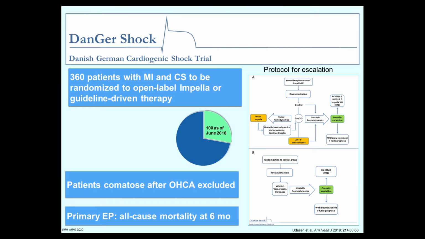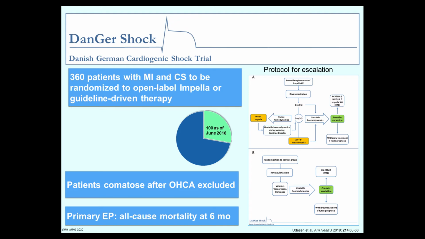And there is the trial, the DANGER trial. You've heard a little bit about this. The Danish started this trial. They had trouble recruiting. They recruited the Germans, and all of a sudden they wound up with a really good name for this trial. So this is 360 patients with myocardial infarction and cardiogenic shock to be randomized to open label. It's hard to do a blinded trial, right?